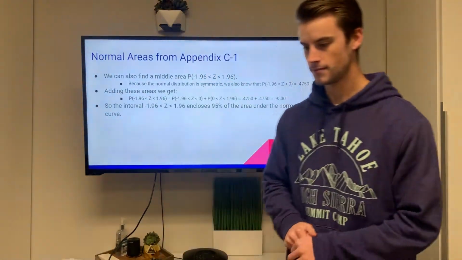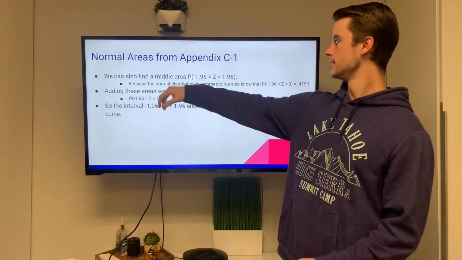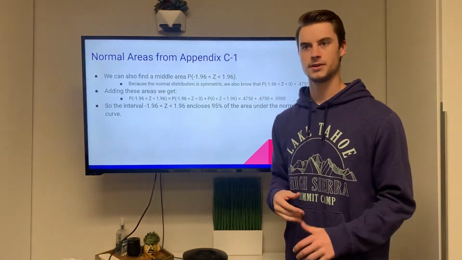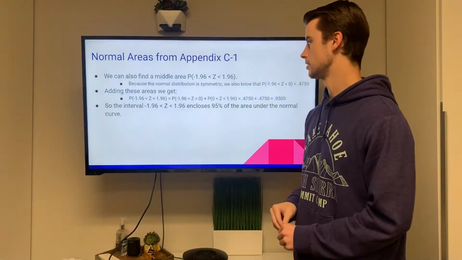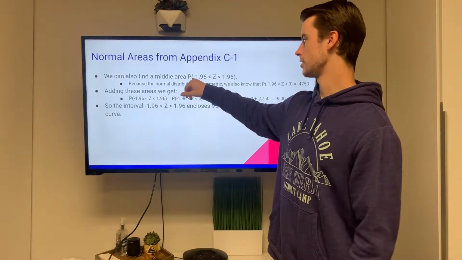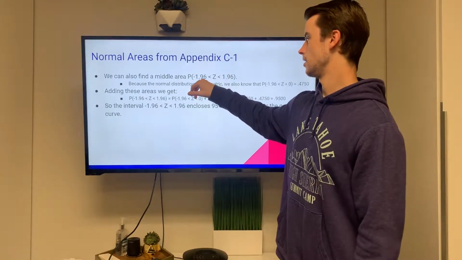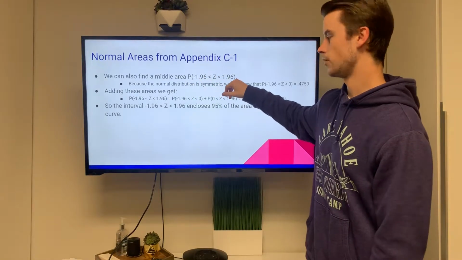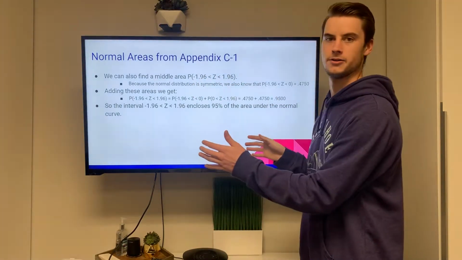We can also find the middle area. I gave you plenty of examples to look at. For the probability of z between negative 1.96 and 1.96, what's the area under that curve?